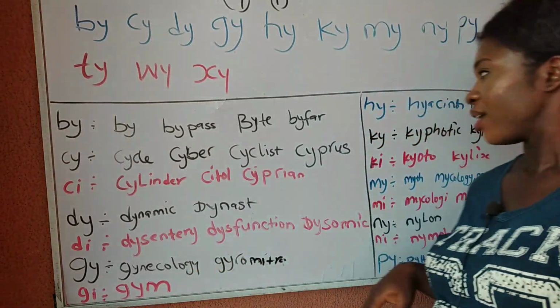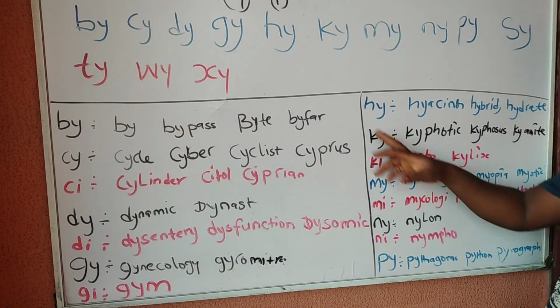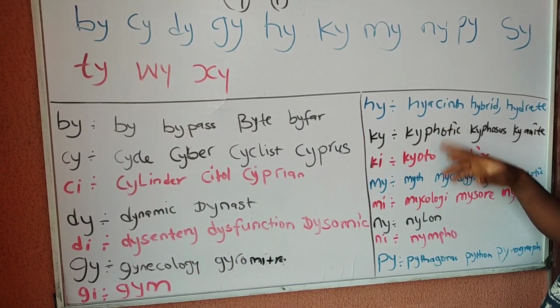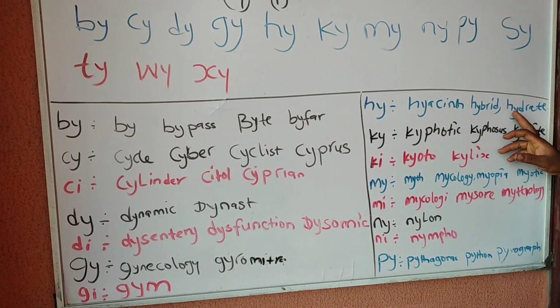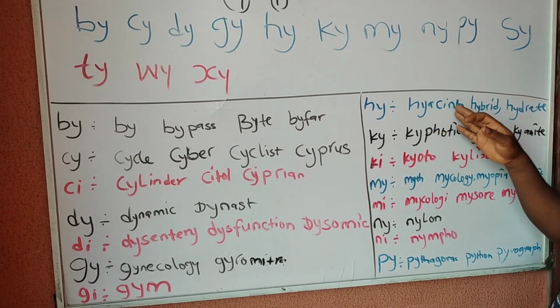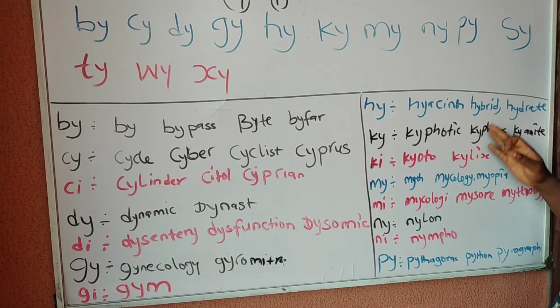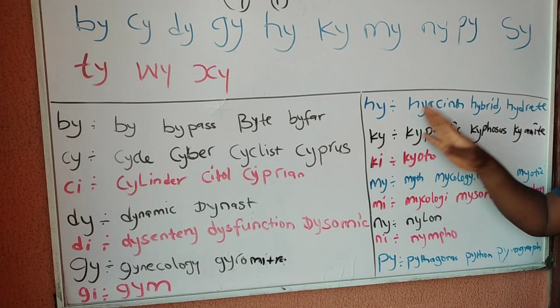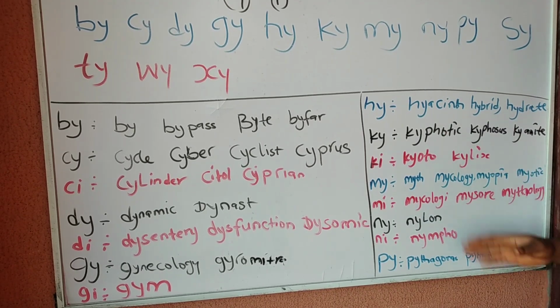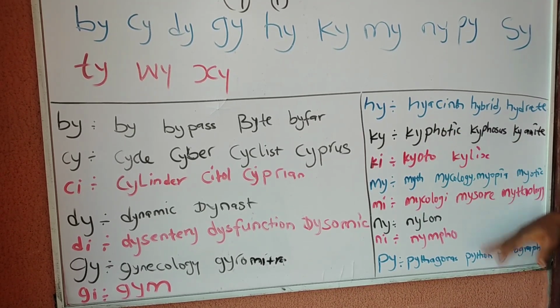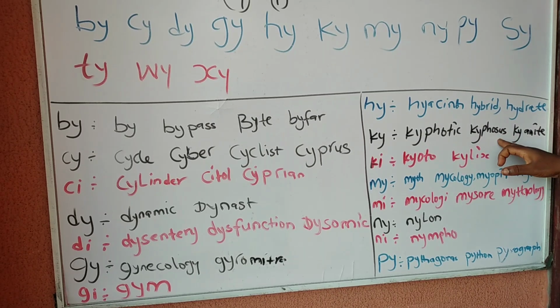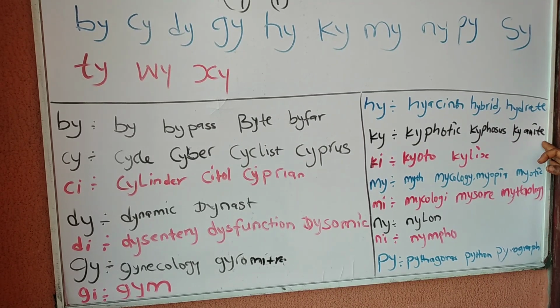So let's proceed. So right here we have the HY: hyacinth, hybrid, hydrate. So this is the KY, which is the chi. We have kyphotic, kyphosis, kyanite. Okay?